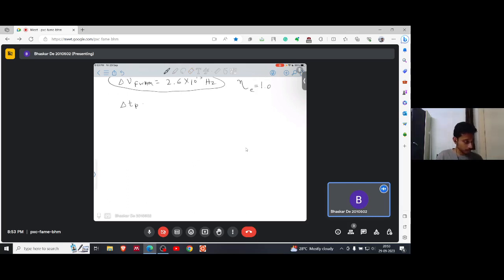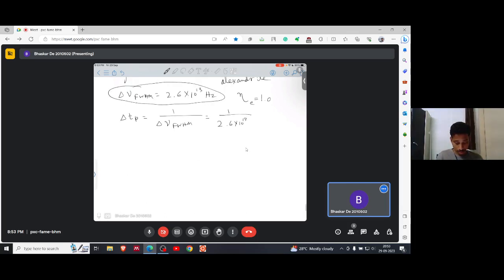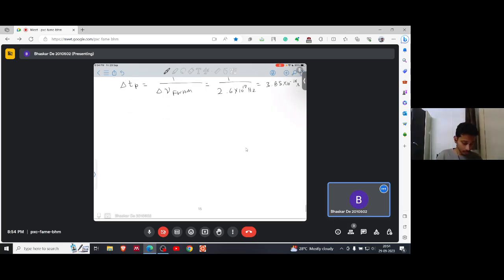Now delta TP is 1 by delta nu FWHM, which will be 1 by 2.6 into 10 to the power 13 hertz, which is 3.85 into 10 to the minus 14 second, which is basically a 38.5 femtosecond pulse.